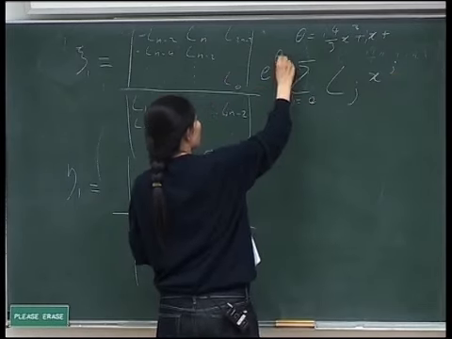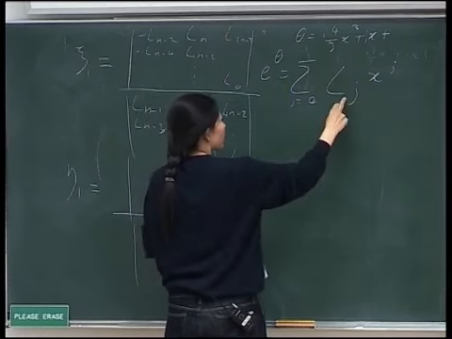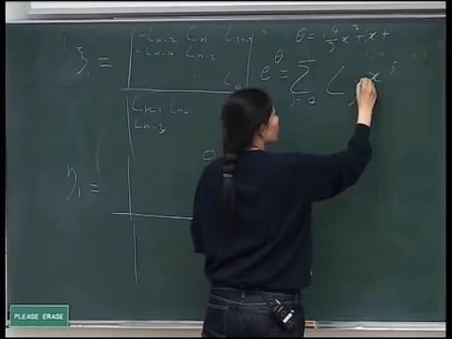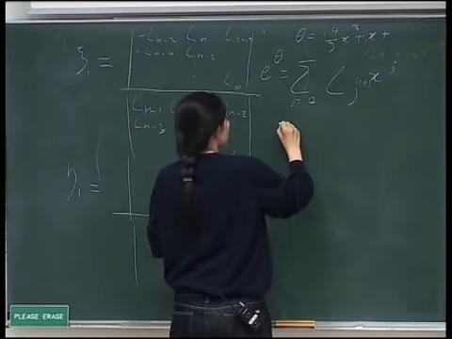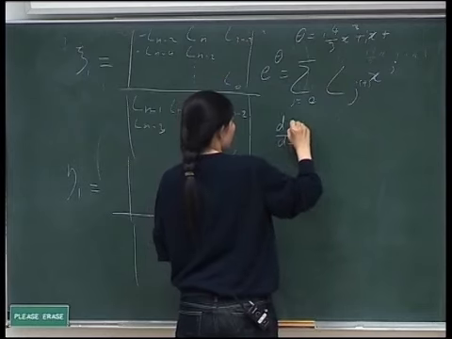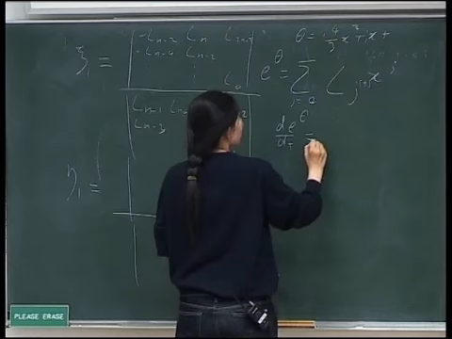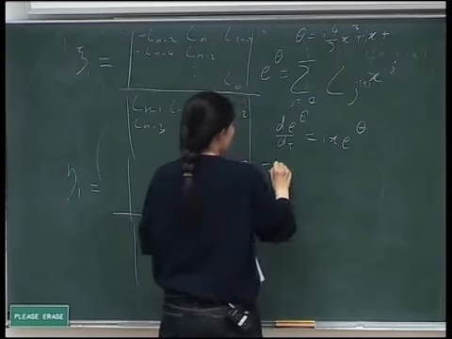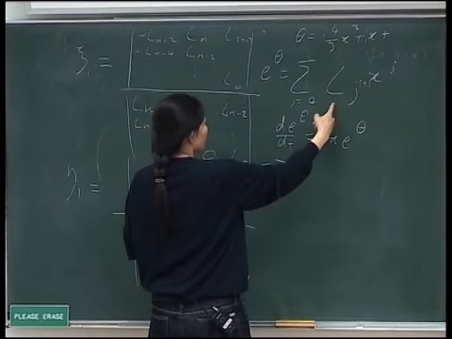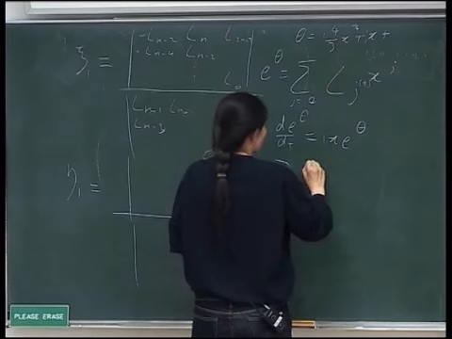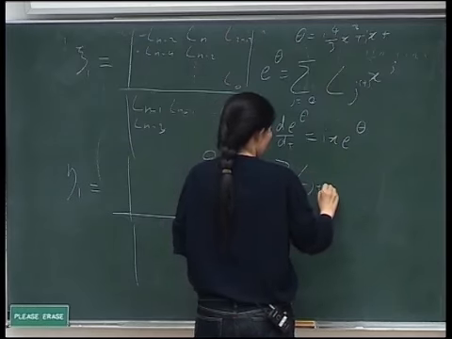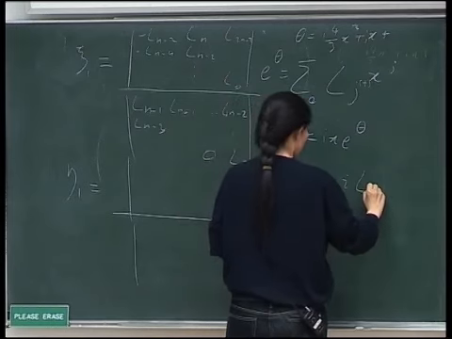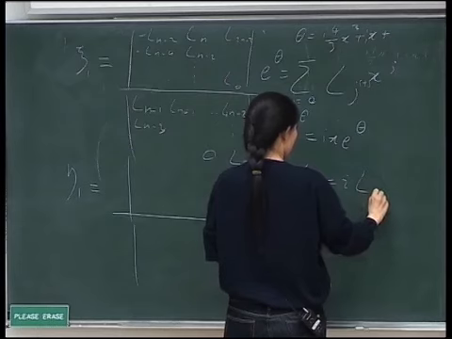So the equation this satisfies gives us a relation for these polynomials in t. So if we differentiate e to the theta by t, we get i x e to the theta. This implies from this definition that Lj' is equal to i Lj minus 1.